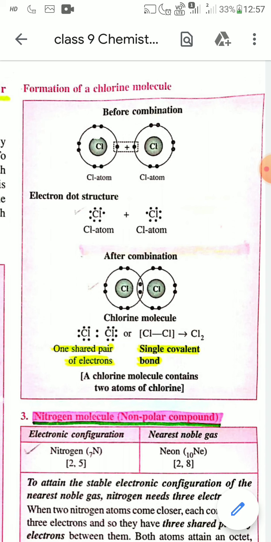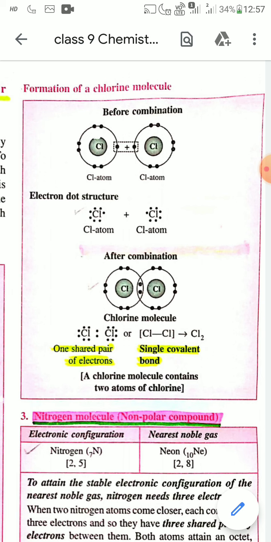You have to show the valence electrons only, not the inner electrons. You know that chlorine has electronic configuration 2, 8, 7, so each chlorine atom has 7 electrons in its valence shell.